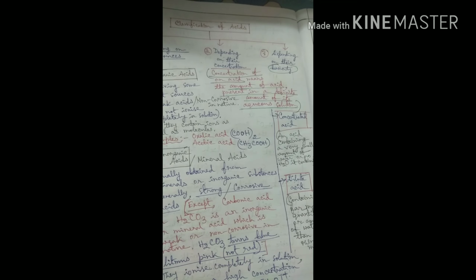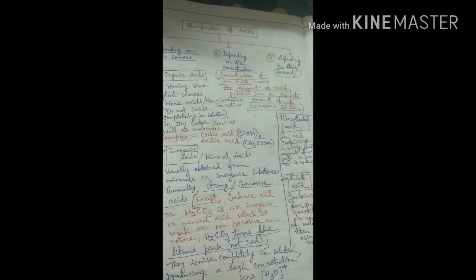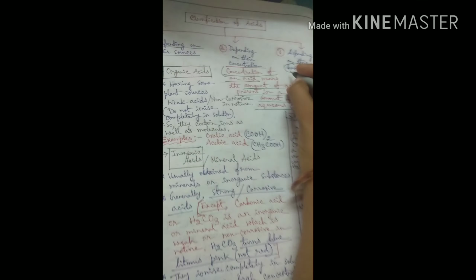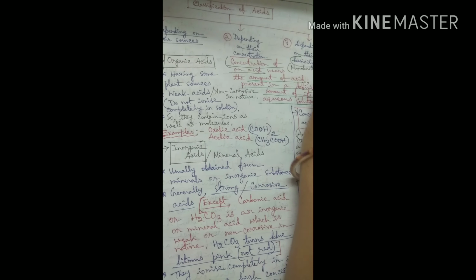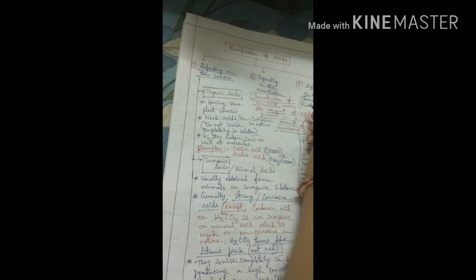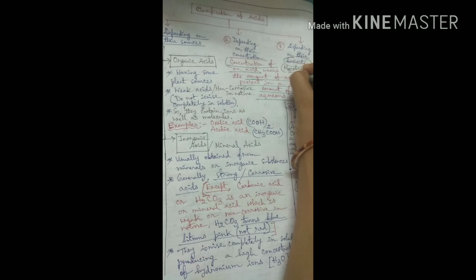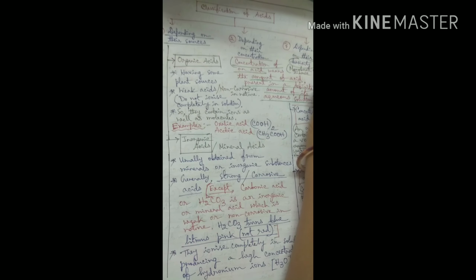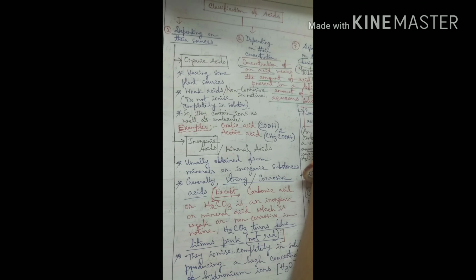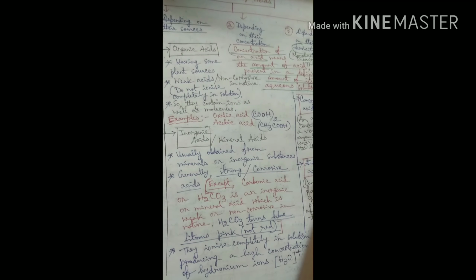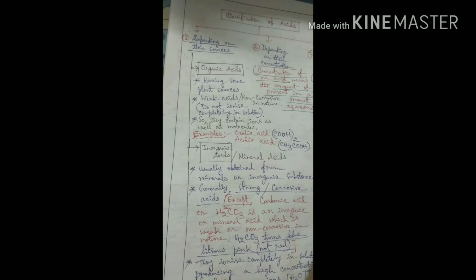On this basis, acids can be classified into 3 or 4 types: monobasic acids, dibasic acids, tribasic acids, and even tetrabasic acids.